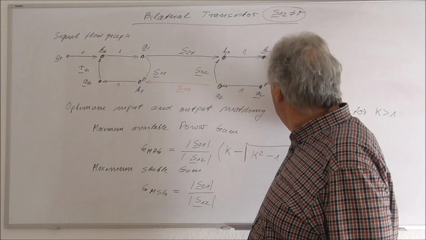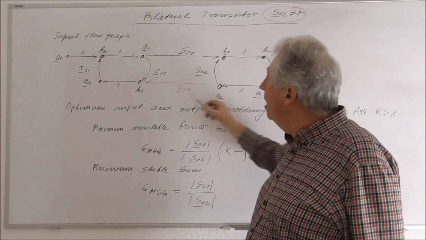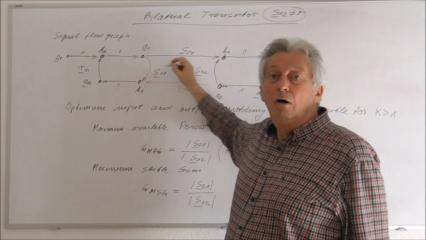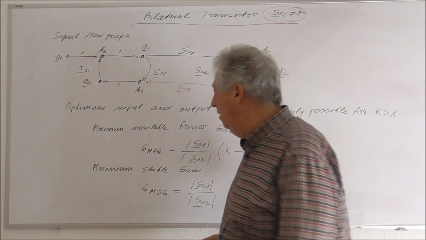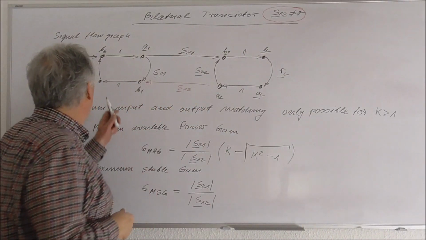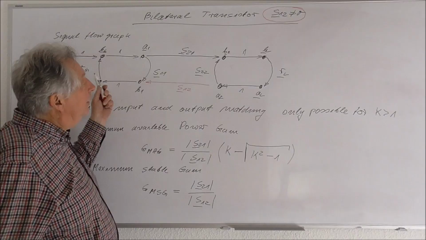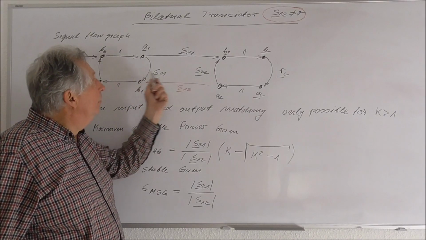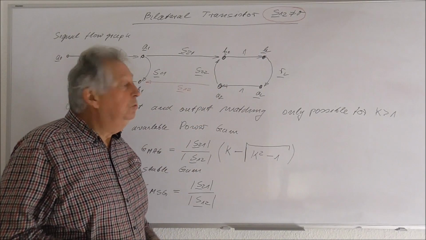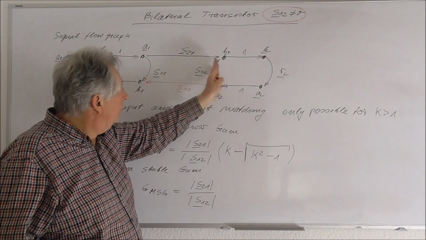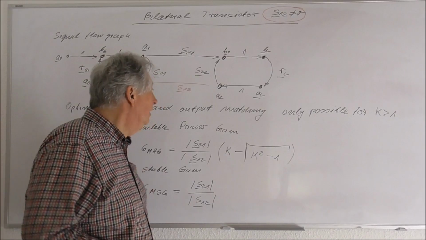This means the output reflection coefficient will have an influence on the input reflection coefficient I see in our transistor, and the generator reflection coefficient will have an influence on the S parameter S22 or on the scattering parameter I see into this network.